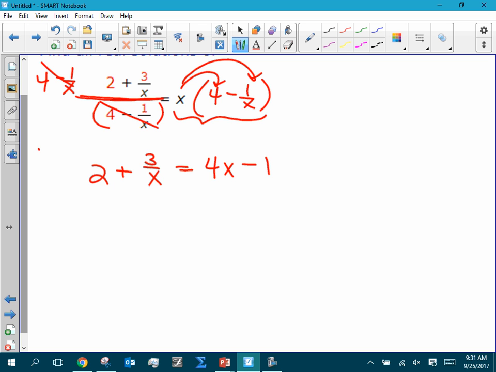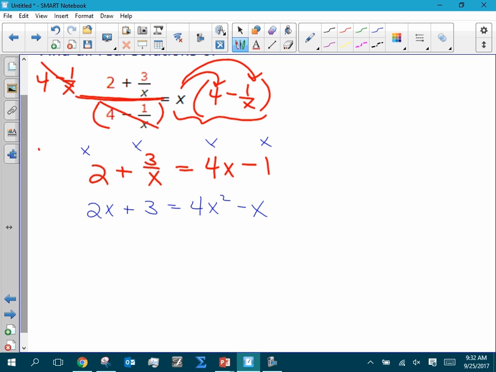What's the common denominator for everything here? x, right? So can I multiply everything by x? Multiply that by x, multiply that by x, multiply that by x, multiply that by x, right? That's going to give me 2x plus 3 equals 4x squared minus x.